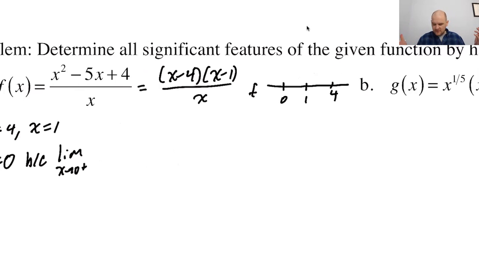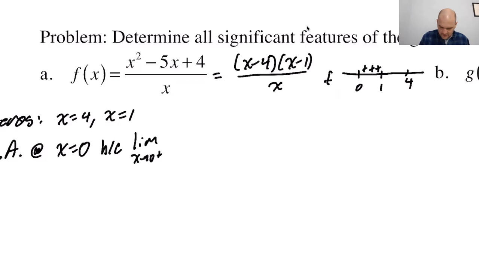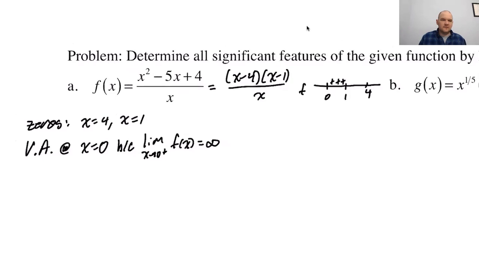If I plug in 0.5, let's say, 0.5 gives me a negative for x minus 4, a negative for x minus 1, and then a positive, negative, negative, positive, so positive overall. Since I already know that x equals 0 is a vertical asymptote, I'm just trying to justify it. So I'm going to say the limit as x approaches 0 from the right of f of x is infinity. All right, that's justified.